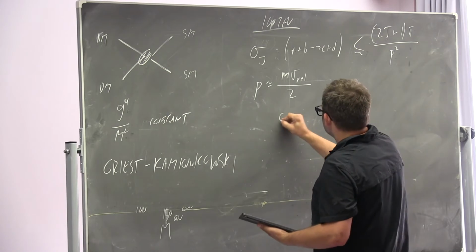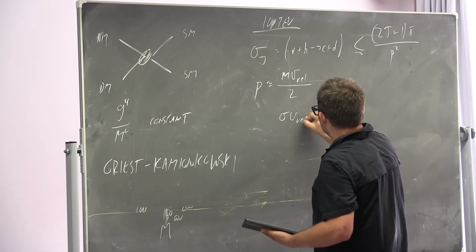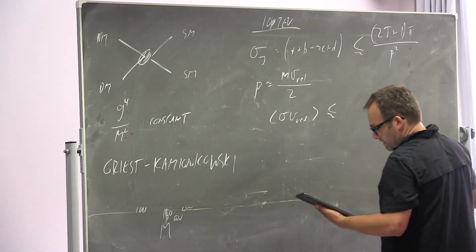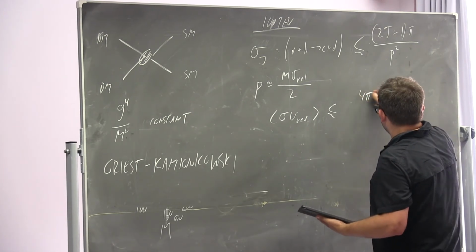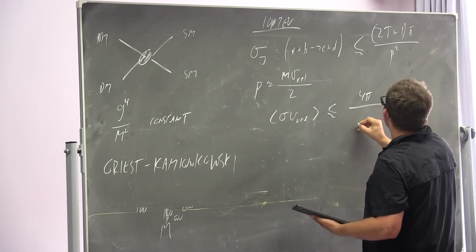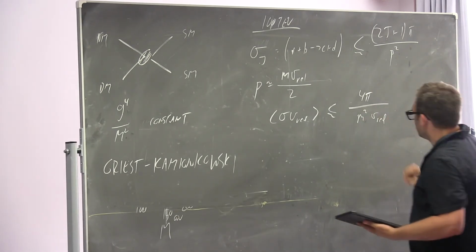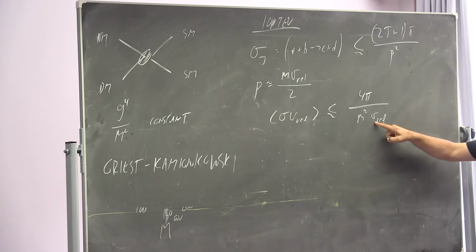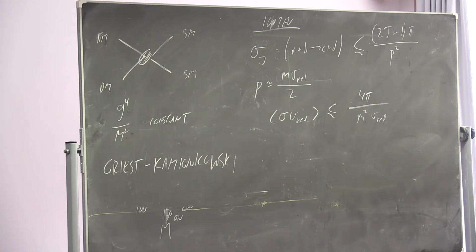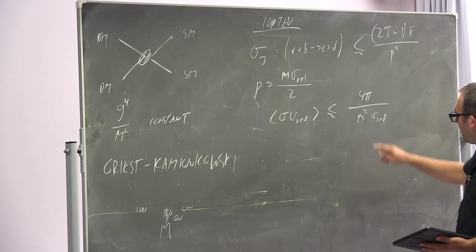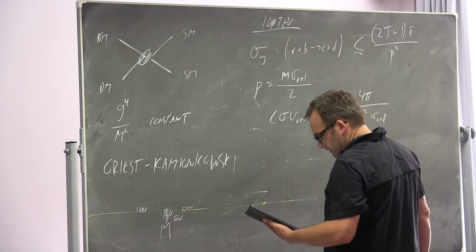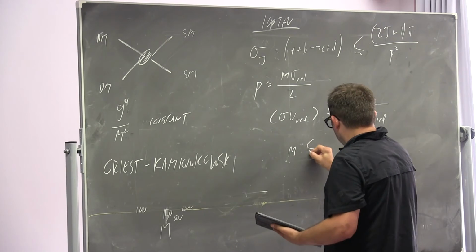So you get σ v_rel has got to be less than 4π over m² v_rel, the relative velocity. You can take typical relative velocities of the early universe, right? These things freeze out at a temperature of a factor of 10 or 20 or so below the mass of the particle, and then just directly compute what the bound on the mass is.